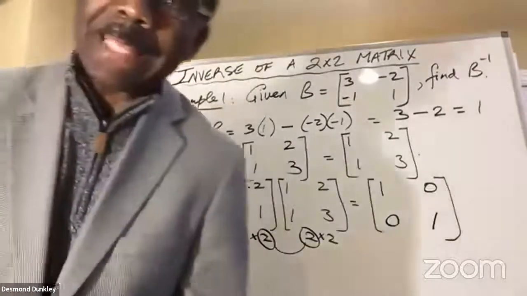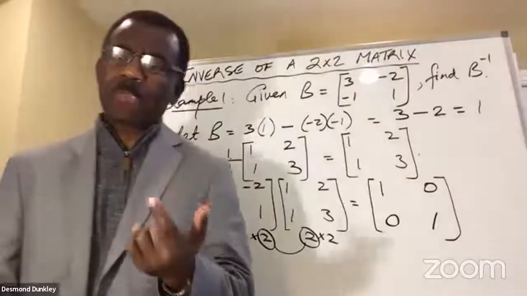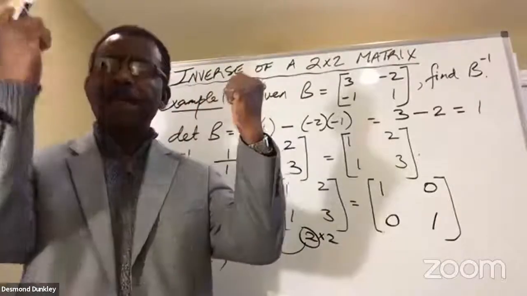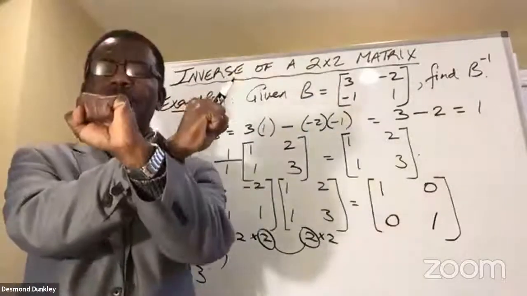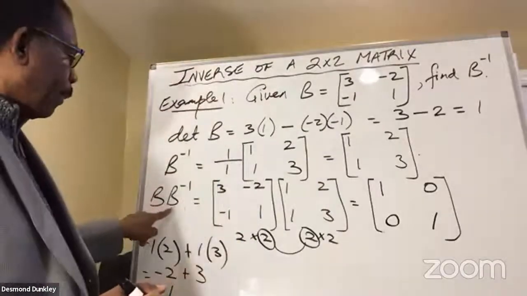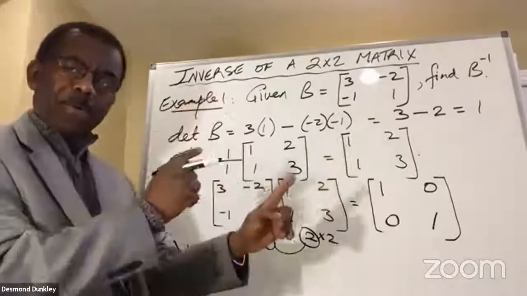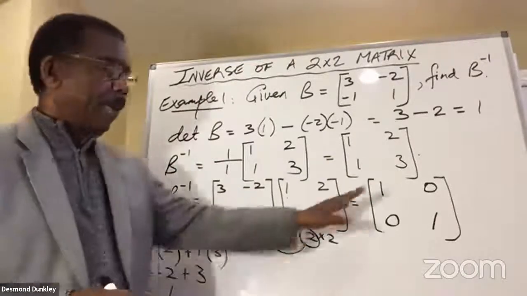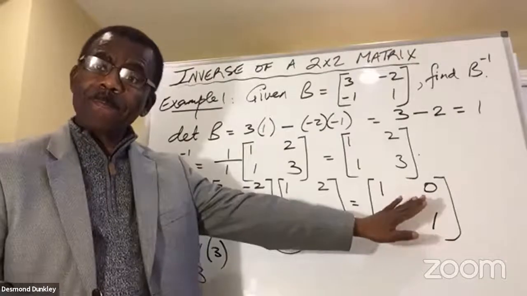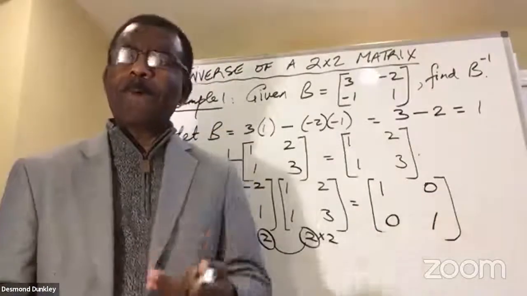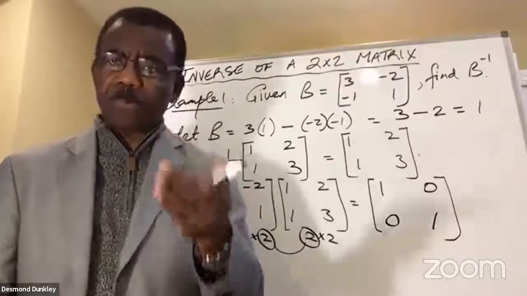Now, I think it's very important that I demonstrate to you that when you multiply a matrix by its inverse or vice versa, the result is the same. So what I'm going to do now is flip these two around. I'm going to write b minus 1 times b, and let's see if we get the same result. Got it? Because I stated it, but I want to prove that it is true.